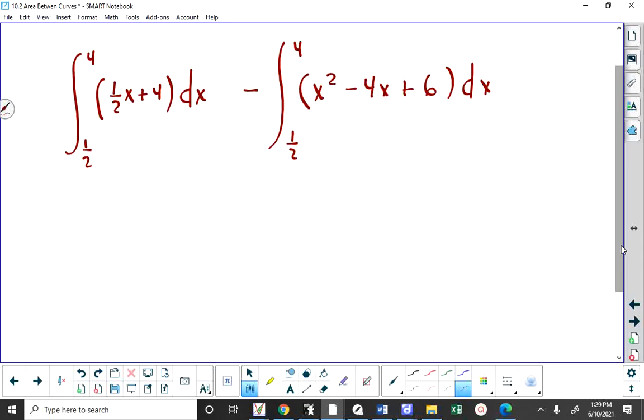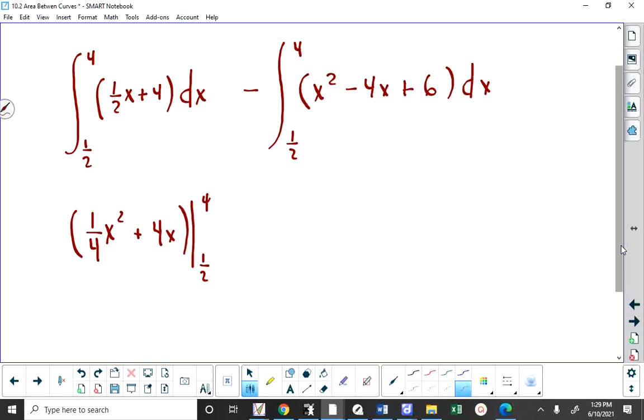We anti-differentiate 1/2 x plus 4. The antiderivative of 1/2 x is 1/4 x squared, plus the antiderivative of 4 is 4x. This is from 1/2 to 4. Do me a favor and confirm to yourself that the derivative of what I wrote will in fact give you 1/2 x plus 4.